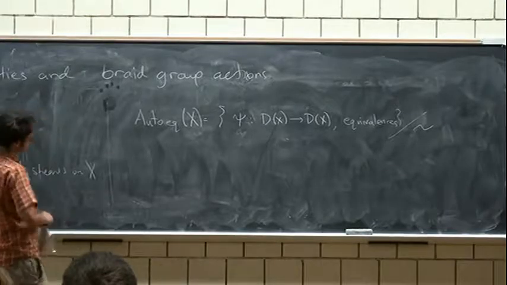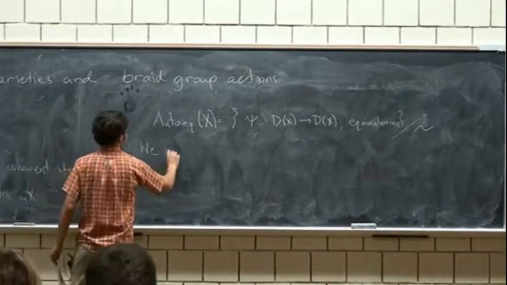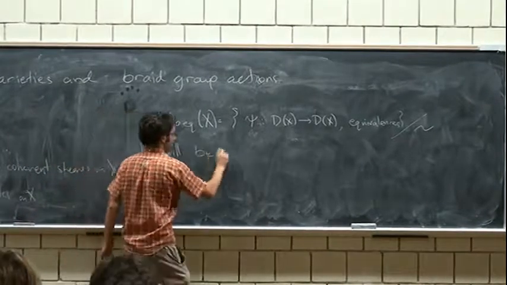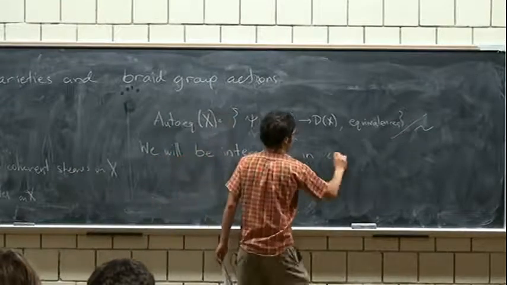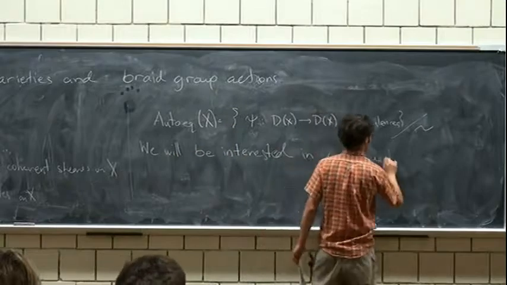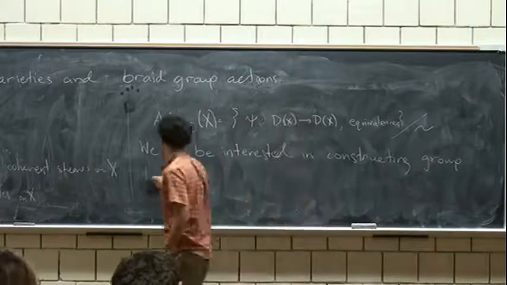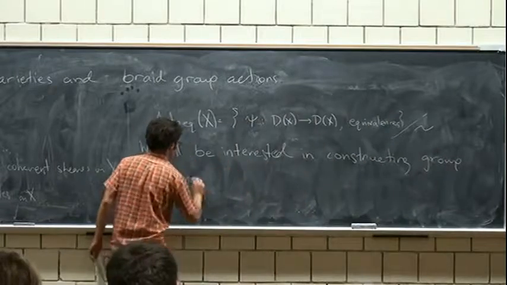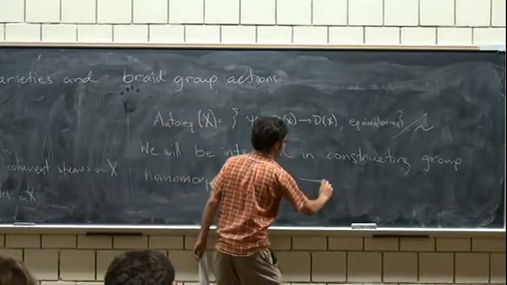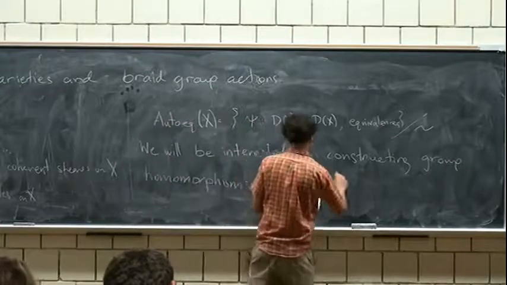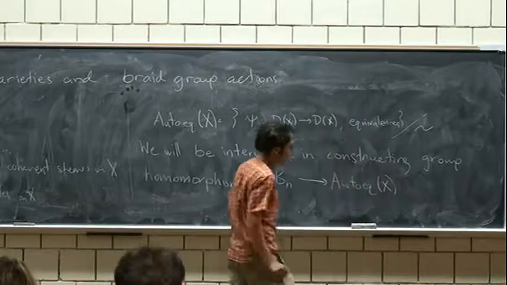And one goal of this talk will be to construct braid group actions on D of X. So we'll be interested in actions of the braid group on n strands by autoequivalences.